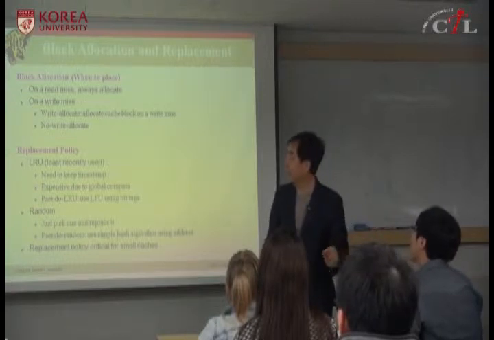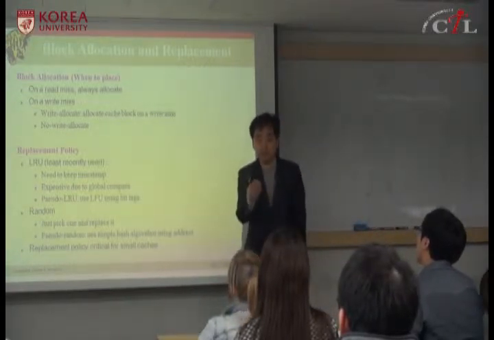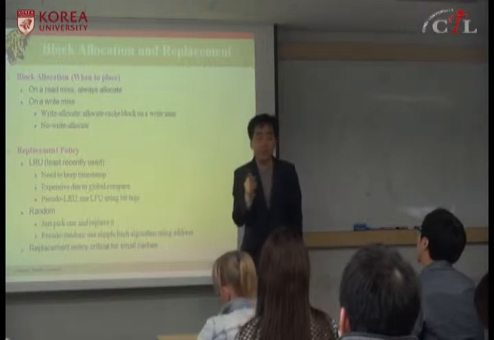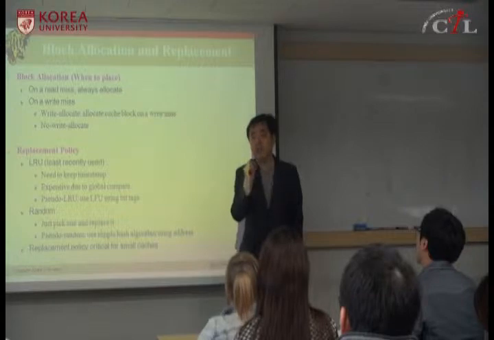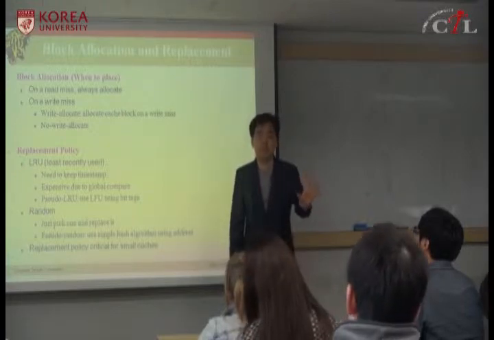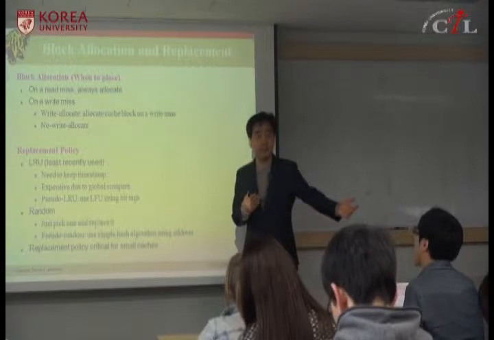Whenever the cache is full, you find the victim, which is the cache block with the oldest timestamp, meaning this block has not been referenced for the longest time. That is the victim.